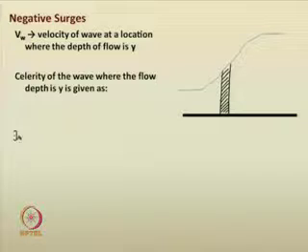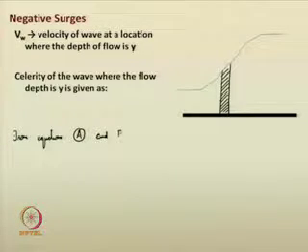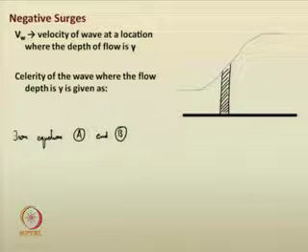So, from equations A and B, what can we infer? For this elemental strip, the velocity of the wave is Vw here.